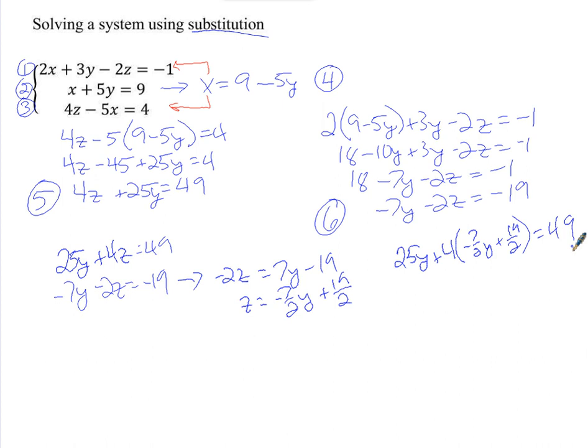Now your stomach's empty. So we have 25y. Then 4 times negative 7 halves is the same as 2 times negative 7, which is minus 14. 4 times 19 halves is the same as 2 times 19, which is plus 38, equals 49. 25 minus 14 is 11y plus 38 equals 49.